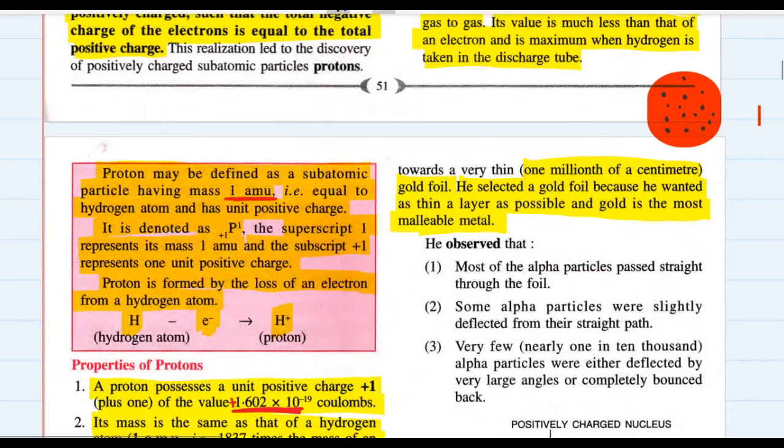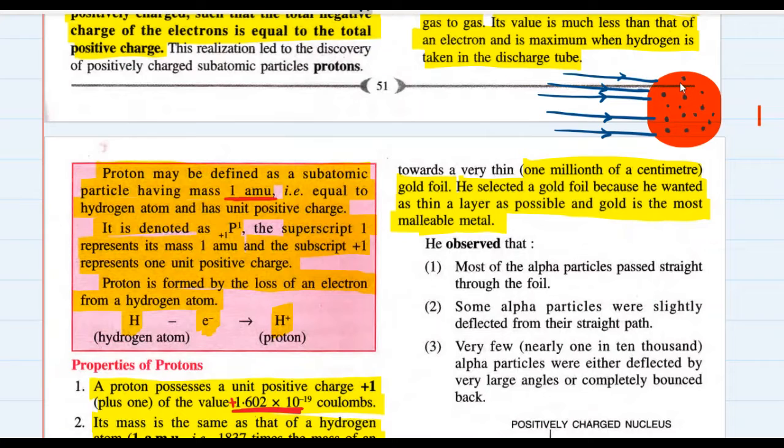Then if I direct a beam of alpha particles, which are doubly charged helium nuclei, towards this atom, they will not be able to penetrate it, because this atom is made up of full positive charges.